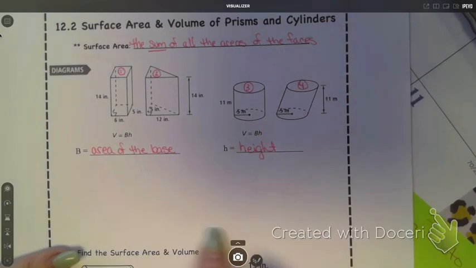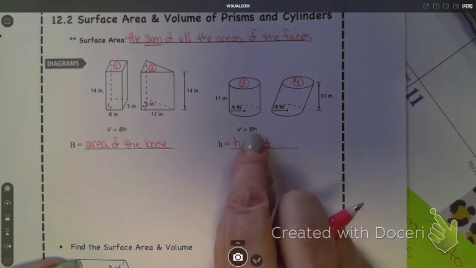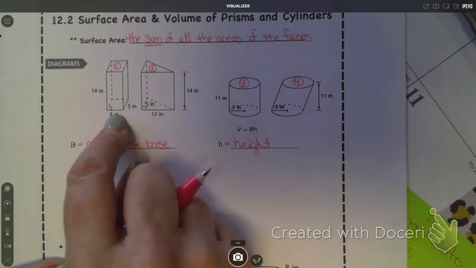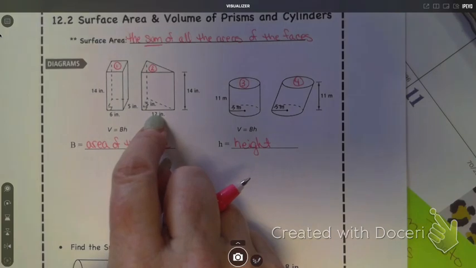So we can label it down here. We are going to have to find the area of a base. So do we need to know the area of a rectangle? Yes, what is that? Base times height. What about a triangle? 1/2 base times height, because two triangles make a rectangle.